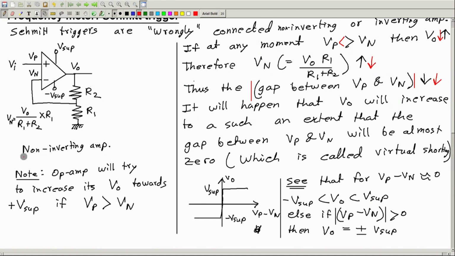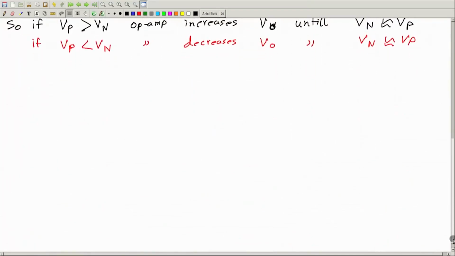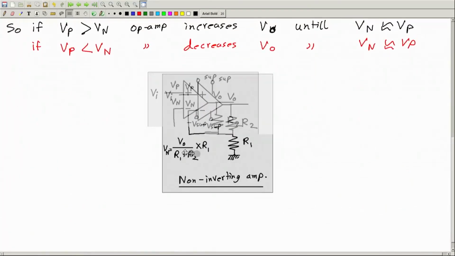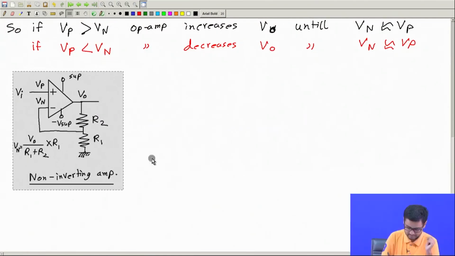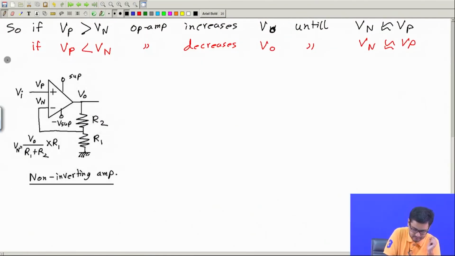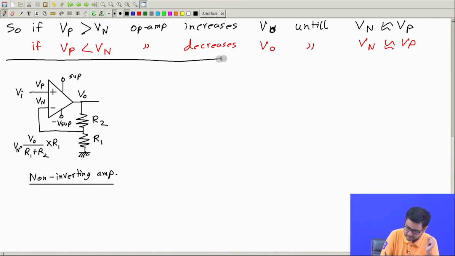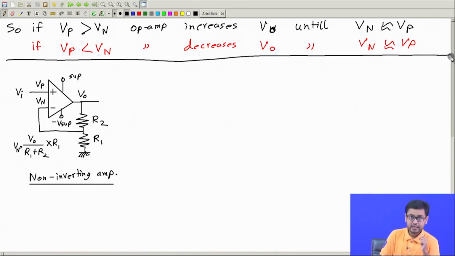Now, let us see what will happen if we change these plus and minus terminals.